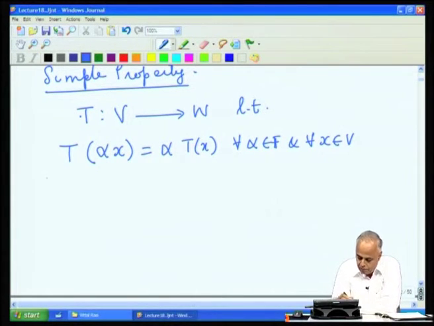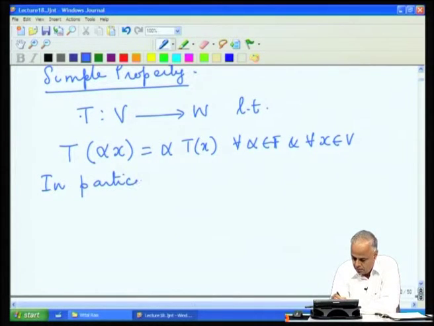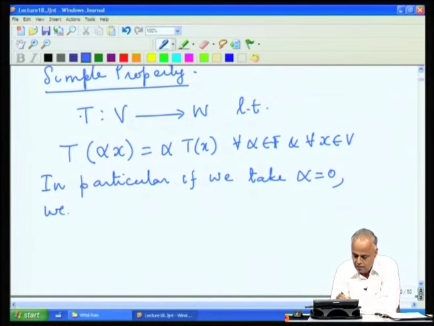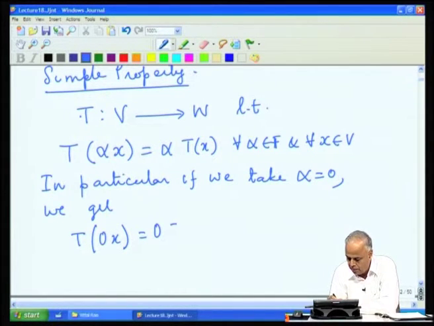In particular, if we take alpha to be 0, we get T of 0 times x is equal to 0 times T of x.